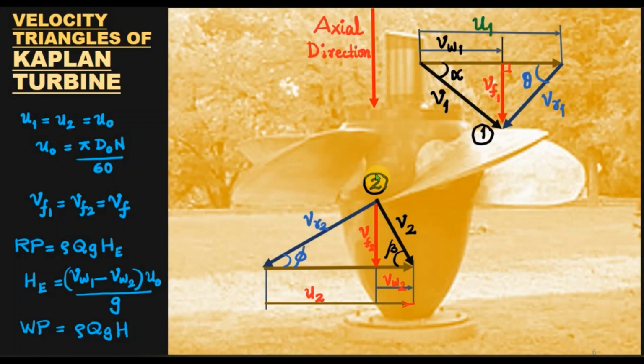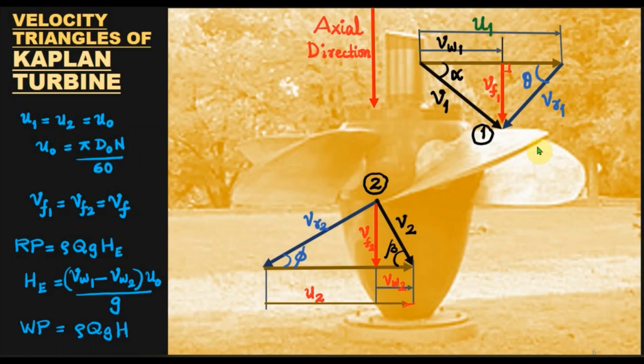From the two diameters d0 and db, for the tangential velocity calculation we take the outside diameter. And there is another format where the mean diameter is also taken. But for our numerical problems, you may take d0 for calculating the tangential velocity. So the tangential velocity at the outlet tip under consideration is equal to pi d0 N by 60.